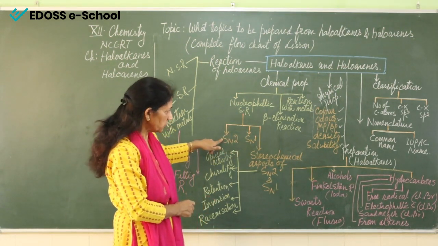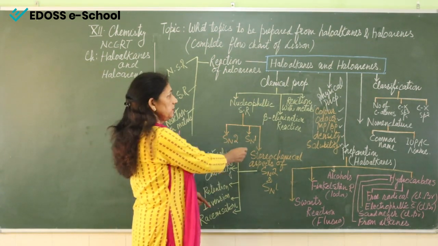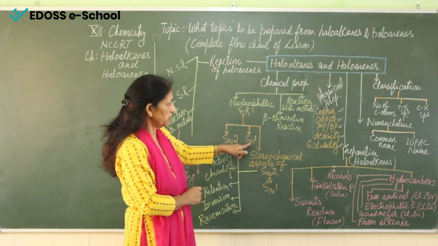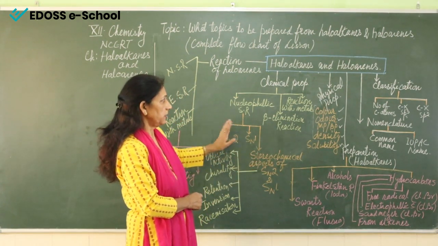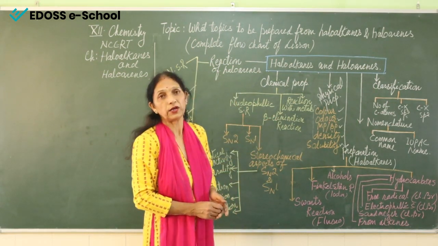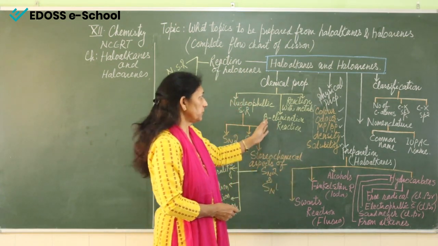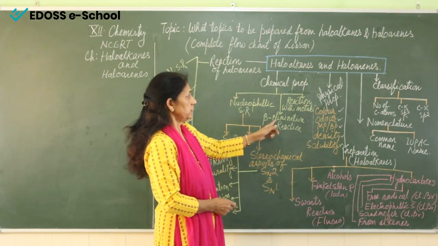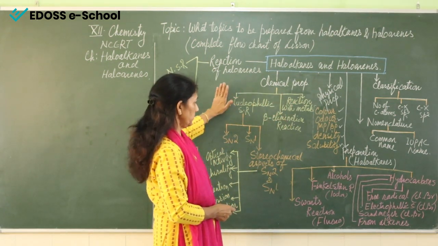SN2 means substitution nucleophilic bimolecular, and SN1 means substitution nucleophilic unimolecular reaction. And beta elimination reaction is also known as dehydrohalogenation, removal of hydrogen and halogen from the reaction, and then reaction with metals. So these are the chemical properties.